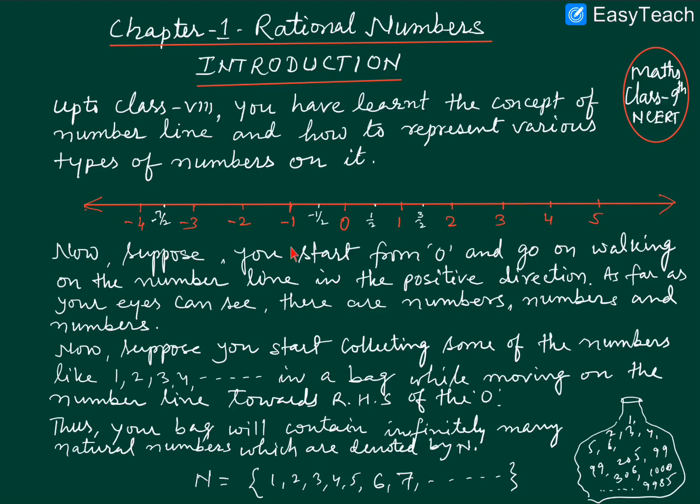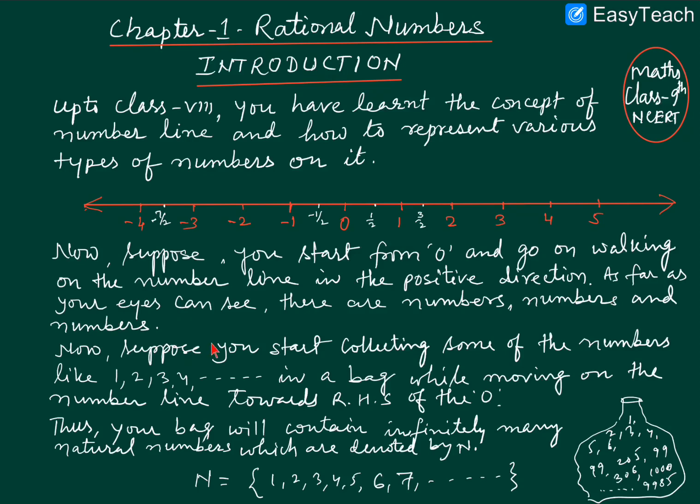Now suppose you start from 0 and go on walking on the number line in the positive direction. As far as your eyes can see, there are numbers, numbers, and numbers.